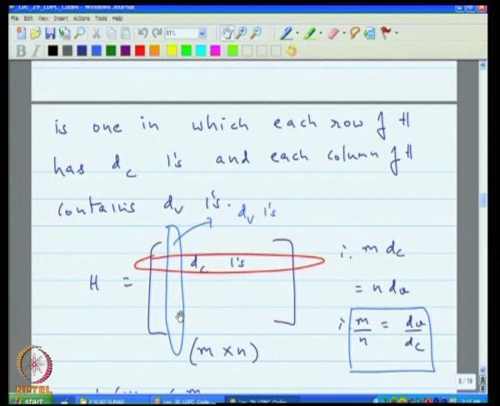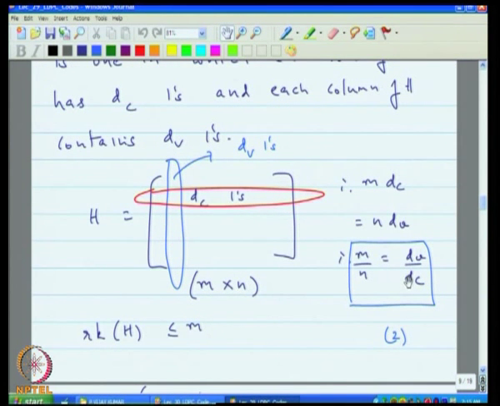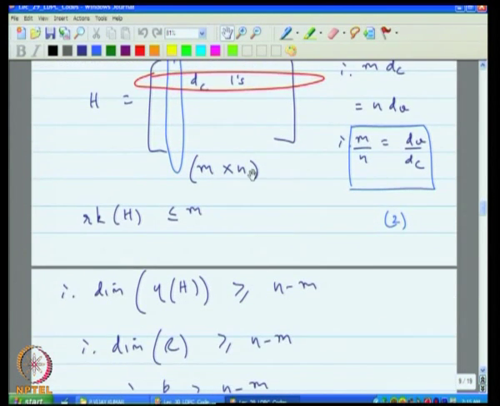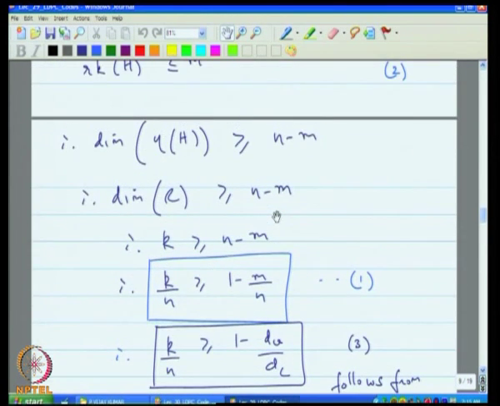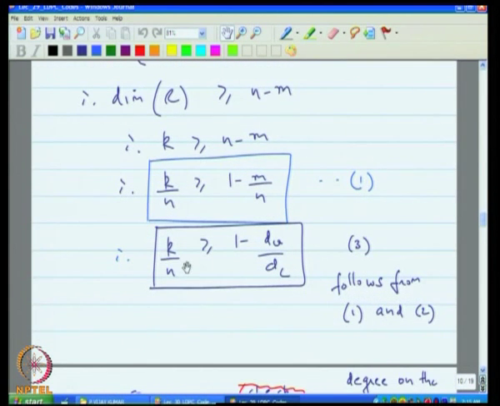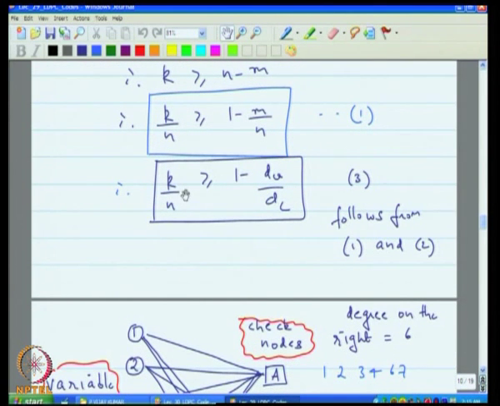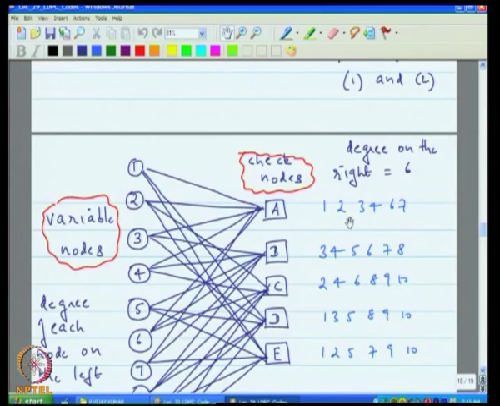The columns have a constant number of ones, DV, and these columns of course stand for the variable nodes, the code symbols. And if the matrix is of size m by n, there is a simple relationship which you obtain by counting in two different ways the number of ones in this matrix. From that you can derive a simple inequality relating to the rate of the code, namely that the rate of the code is greater than or equal to 1 minus dV by dC, and this is called the design rate of the code.